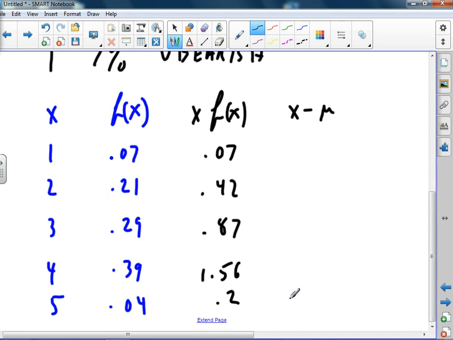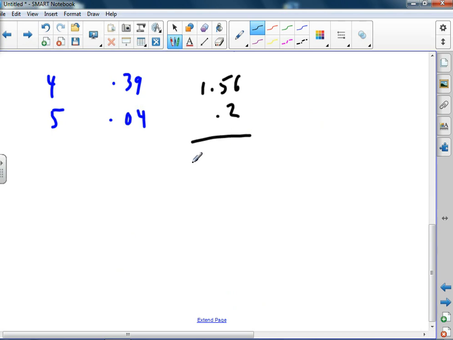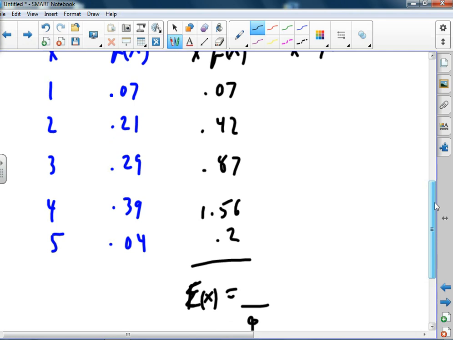Now we're going to come down here and say the expected value is going to be this number, which is our mu. I'm going to add these together: 0.07 plus 0.42 plus 0.87 plus 1.556 plus 0.02. Boom, 2.94. Maybe not.